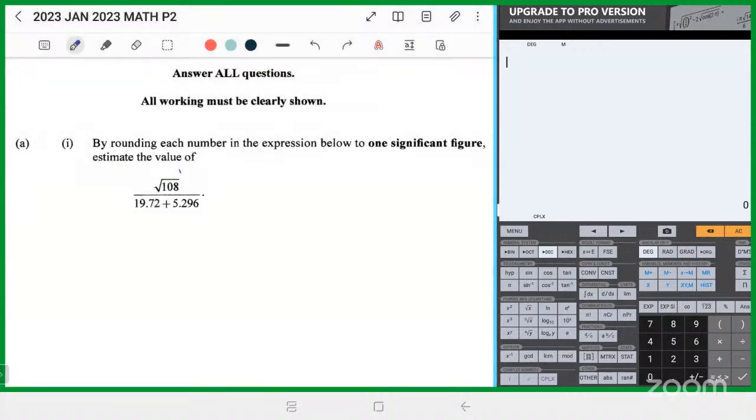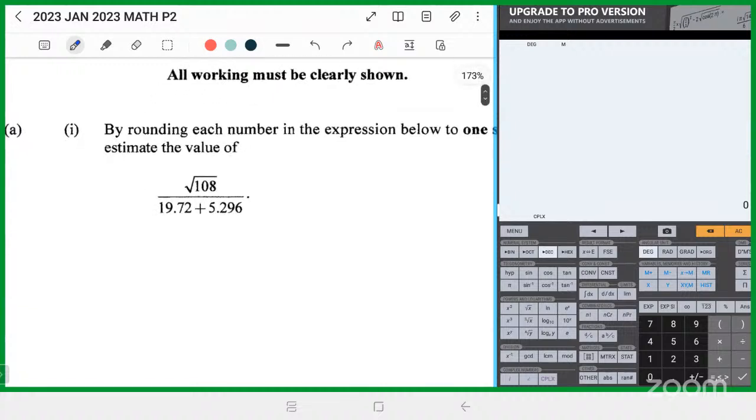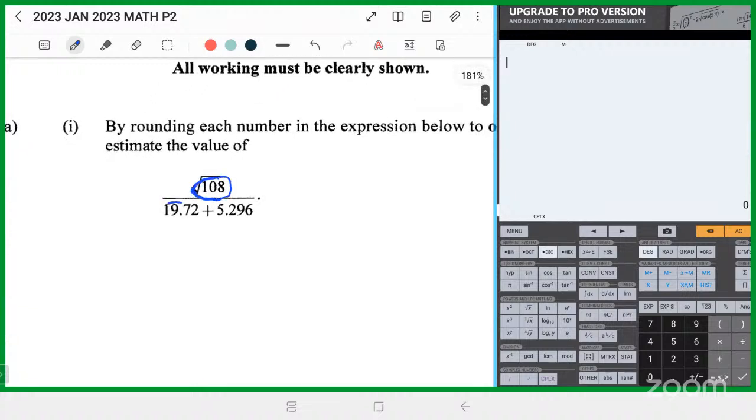Right. So by rounding each of these figures to one significant figure, you have to estimate the value of this. So these are the figures we need to correct to one significant figure. This one, this one, this one. So each of them to one significant figure.